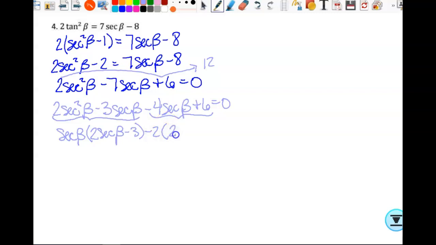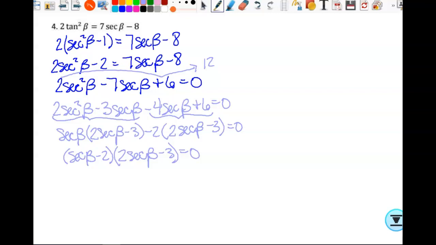That leaves me with 2 secant beta minus 3. That's what I was hoping for. Those match, right? So then that gives me secant beta minus 2 times 2 secant beta minus 3 equals 0.